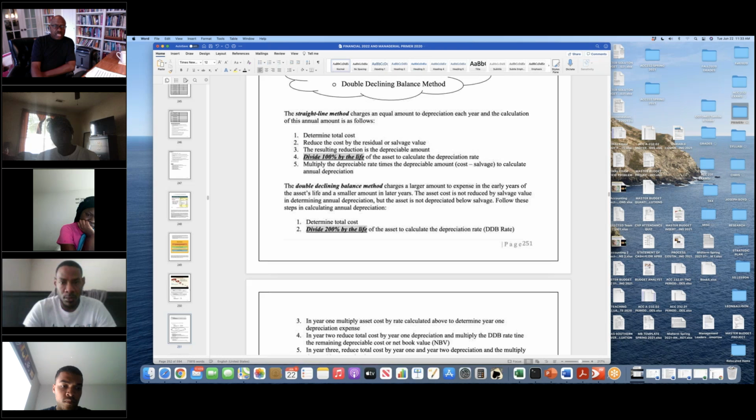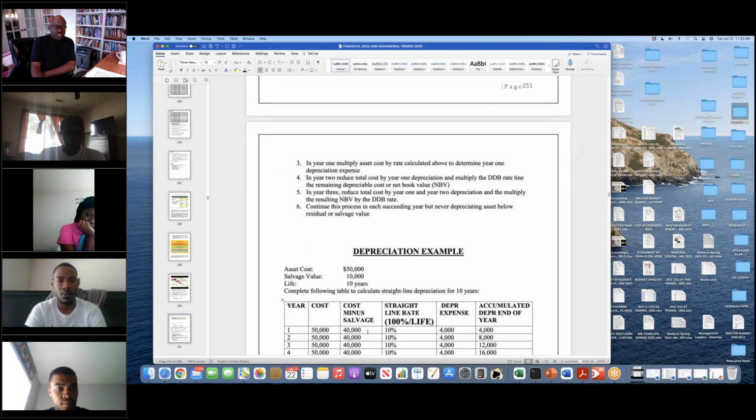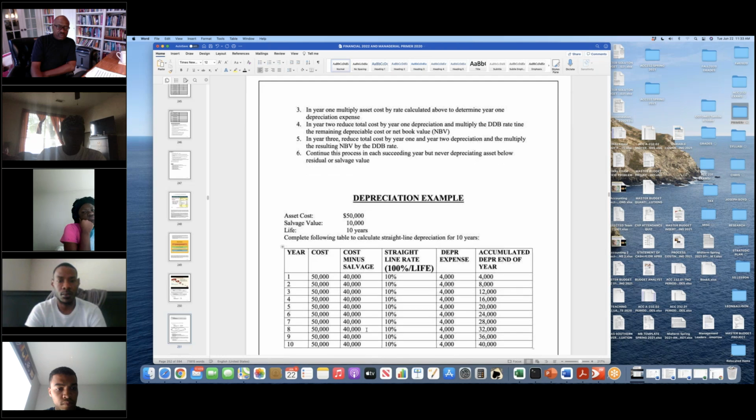So let's see if we can look at an example. Assume that we had an asset that cost $50,000, its salvage was $10,000, and its life was 10 years. Let's look at how the depreciation chart would look. The cost is $50,000. The cost minus salvage is $40,000. So we subtract out the salvage.